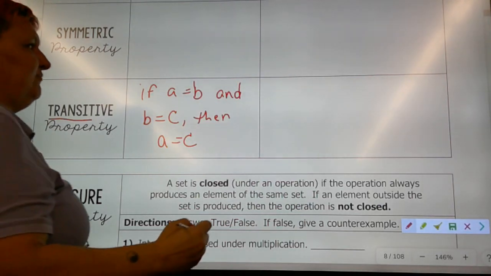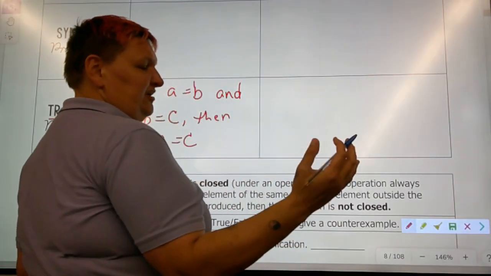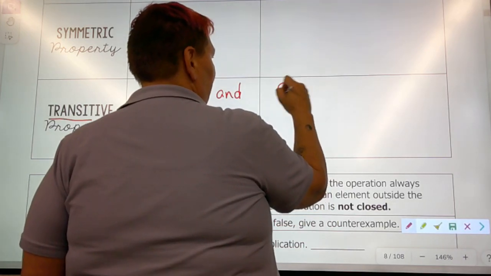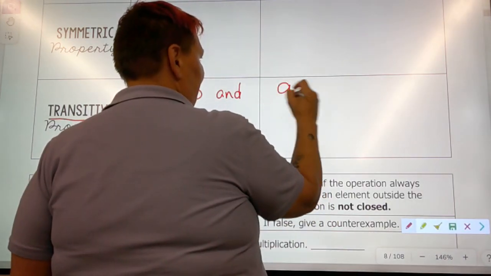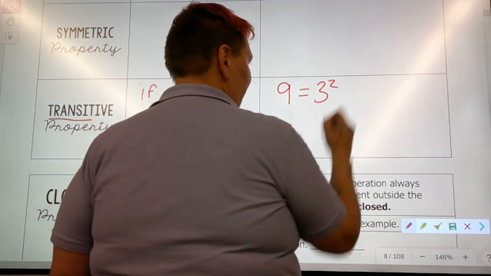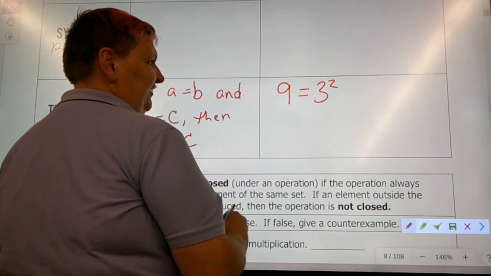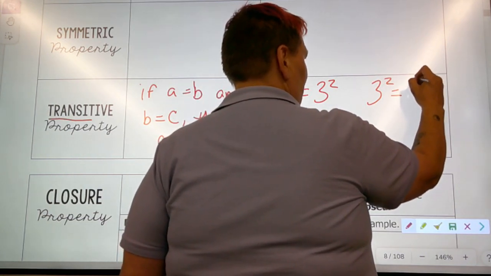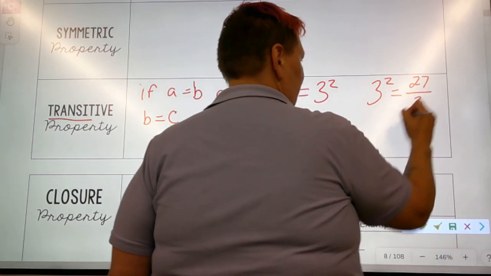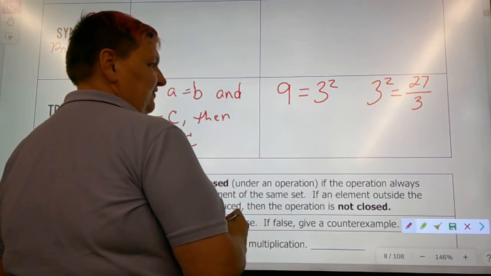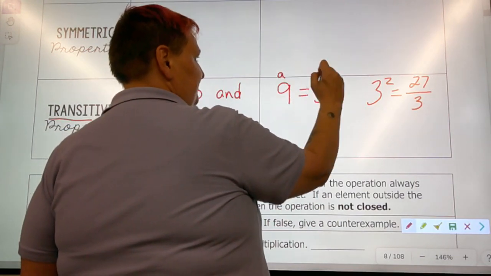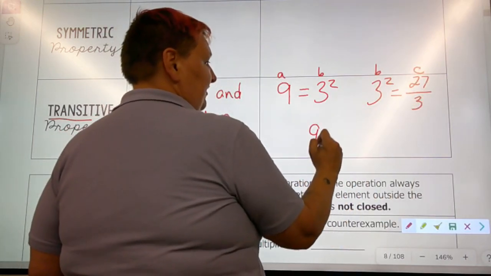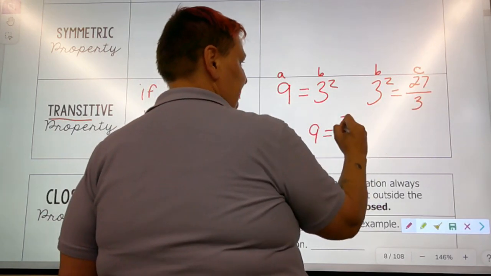So basically they're saying, let's use another number, not 16 this time. Let's do 9. If A is equal to B, 3 squared, and 3 squared is equal to 27 divided by 3. If A is equal to B and B is equal to C, then A is also equal to C.